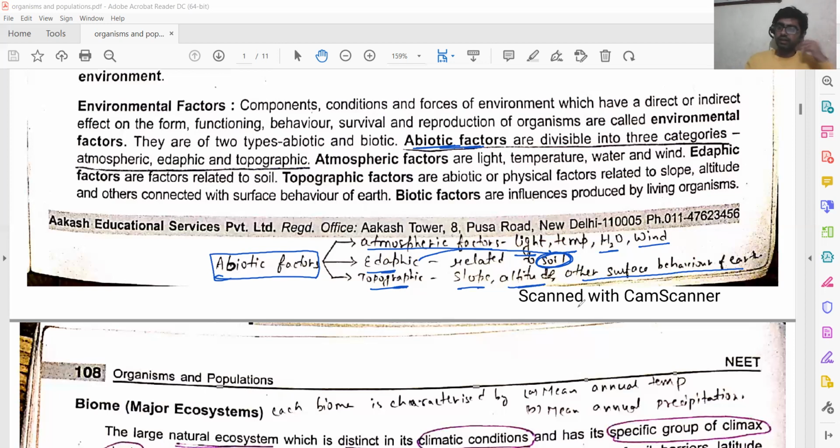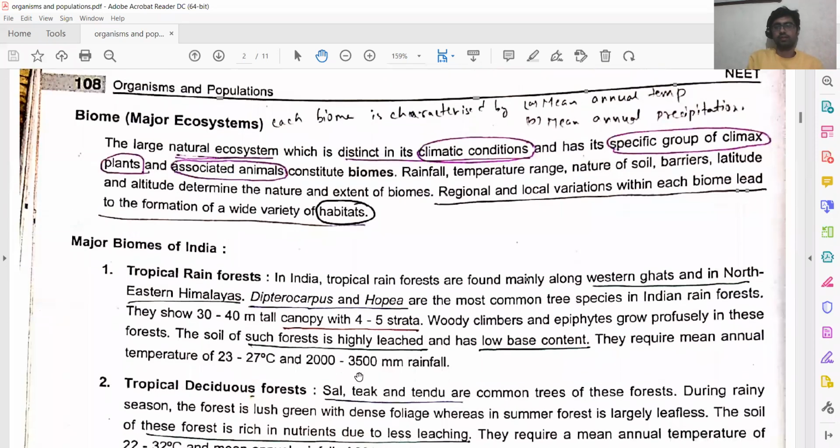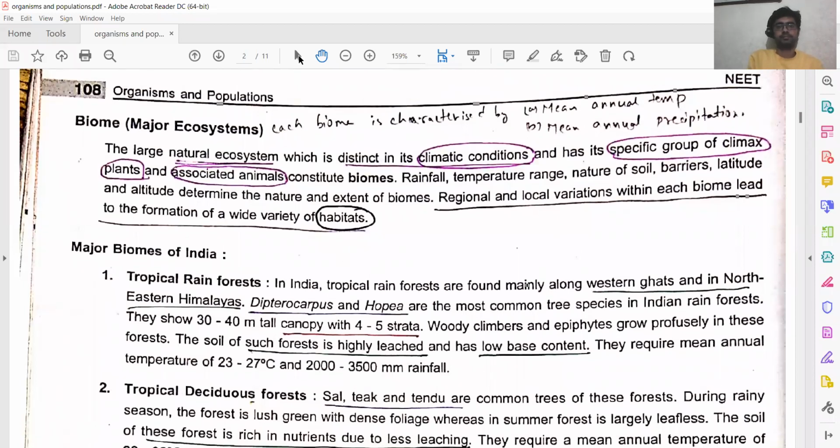Now moving forward, let us move on to biotic factors. Okay, but I guess in these notes before biotic factors there is something like biome. Okay, yes, biome. Let us begin with biome. What is biome?